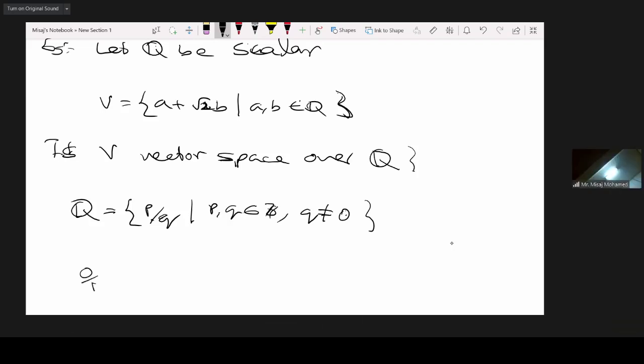We can write it as 0 over 1. Is it in this form? Yes, 0 over 1 is in the form of p over q. So it is in Q.